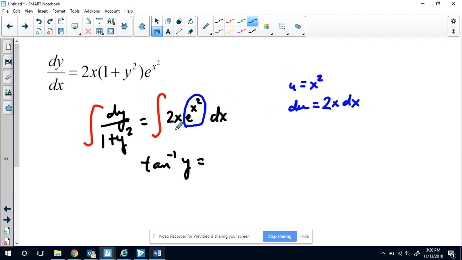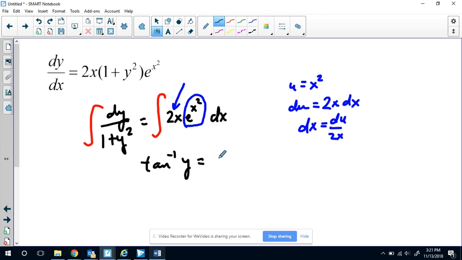So that's a really smart choice since 2x is something that I need to get rid of. And if I have dx, I can replace that with du over 2x. So the 2x's will cancel out.